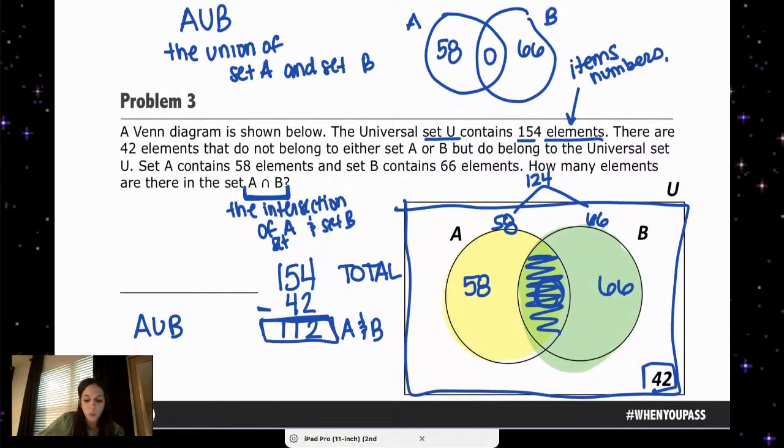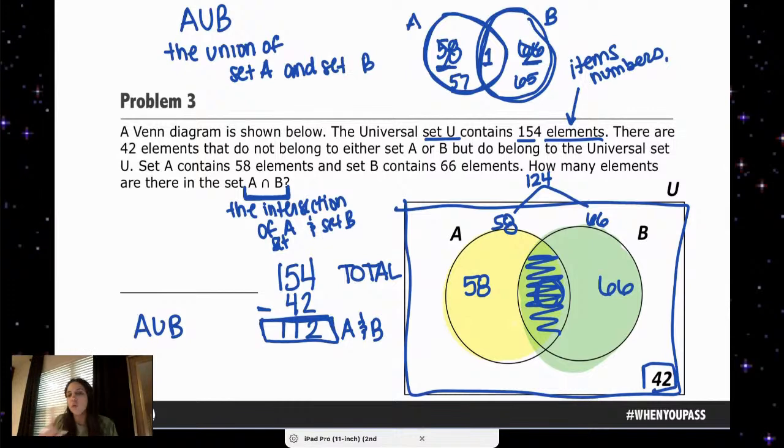But if they share one item, that means this is no longer a 58 and this is no longer a 66. Instead, this is a 57 and this is a 65, because 57 plus 1 is 58 and 65 plus 1 is 66. And we have to remember that set A only has 58 items and set B only has 66 items.